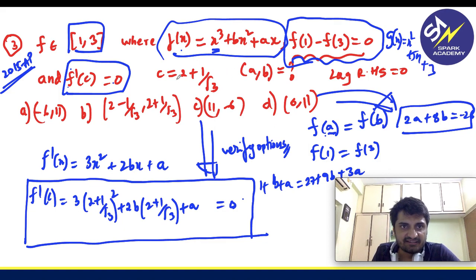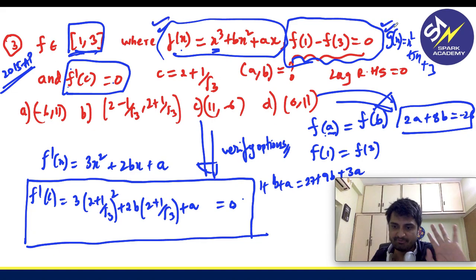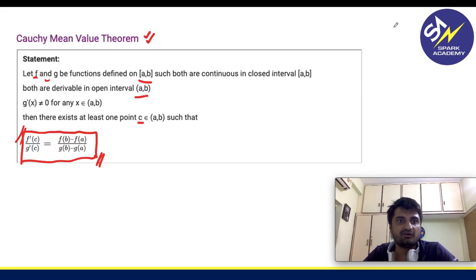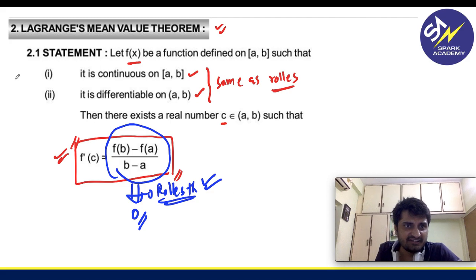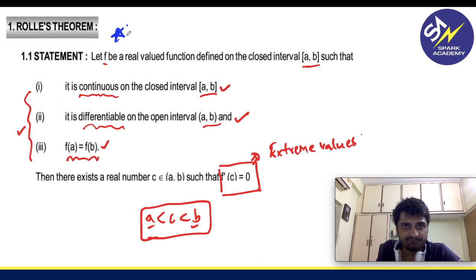Then they will give interval like this, right? So what you have to do, if they ask c, first differentiate this, then differentiate this, f of b minus f of a by g of b minus g of a. So that is your Cauchy mean value theorem. Rarely asked actually, Cauchy. Mainly they will ask Lagrange's, as you can see, almost every year, as well as Rolle's.